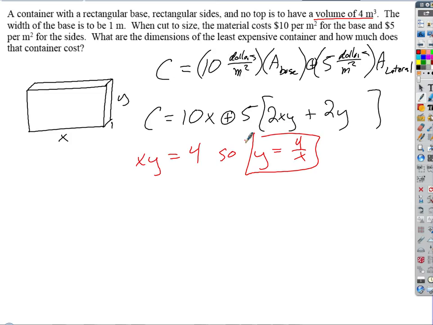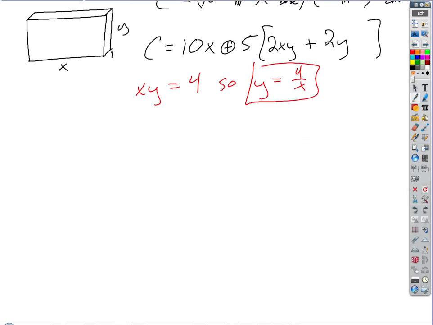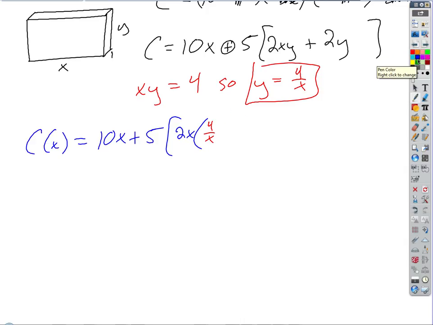Then we're going to end up with a bunch of like terms we can just add up. When we add that stuff up, we're going to get C as a function of what variable, if we're substituting for y? C of x equals 10x plus 5 times 2x times y. So that's going to be 2x times 4 over x, so it's just going to be 8, isn't it?